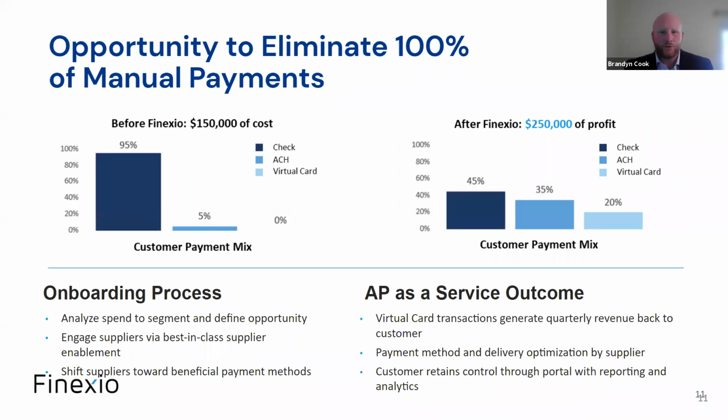We have case studies we'll send out, and I'll touch on at the end of the presentation with Clark Hill, where just in year 1, we were able to save them over $150,000 just getting them out of manual payments. So this certainly can really be a major swing from a financial standpoint, and it's a major benefit to think through. And once again, Finexio is going to do all the heavy lifting for you.